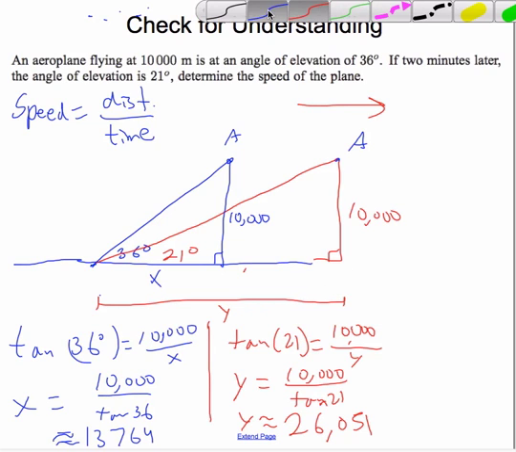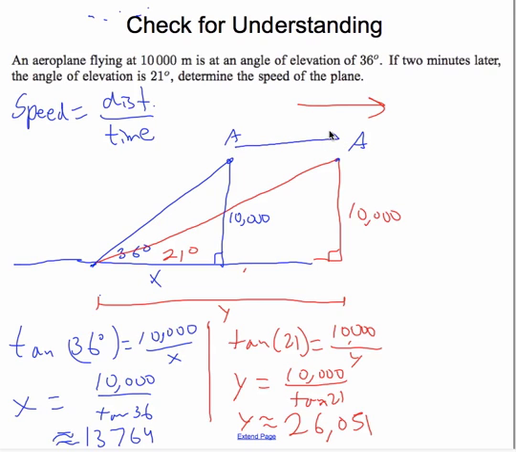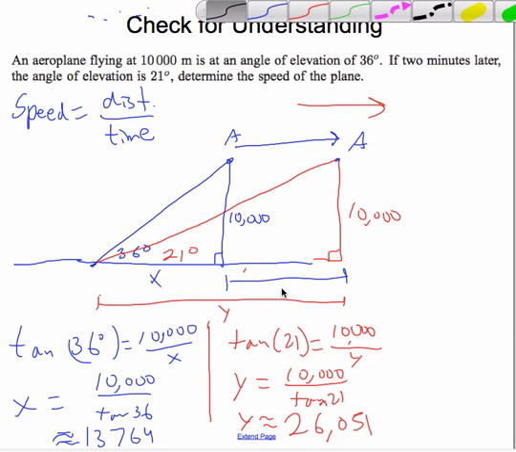Now we want to find the speed of the airplane. So speed is just going along here. We need this distance here, which I'm going to call z. Well, that's just going to be y minus x.